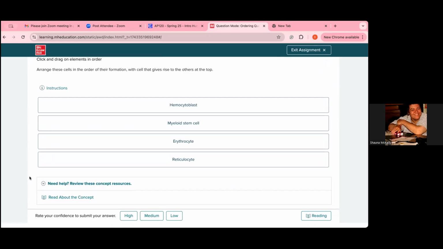Arrange these cells in order of their formation. Okay. I think this is talking about the formation of a red blood cell.